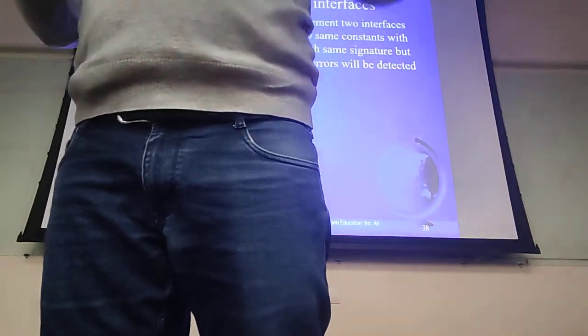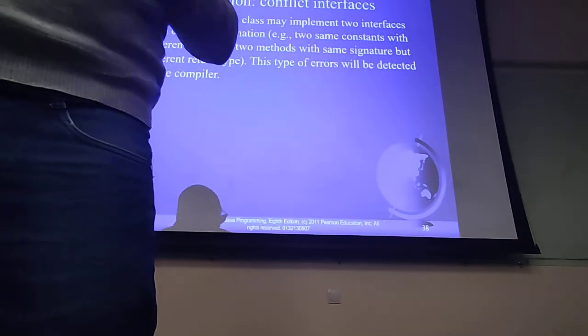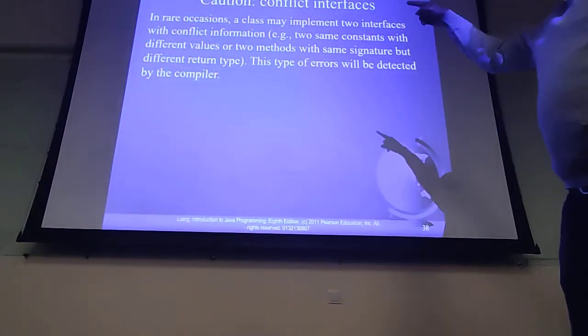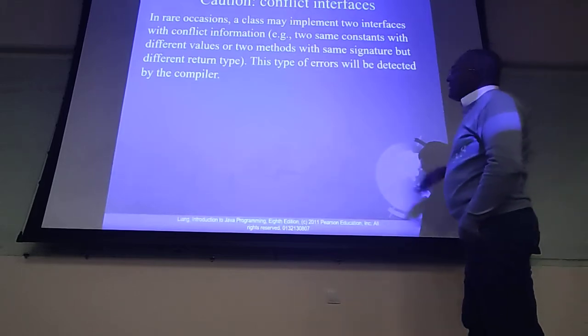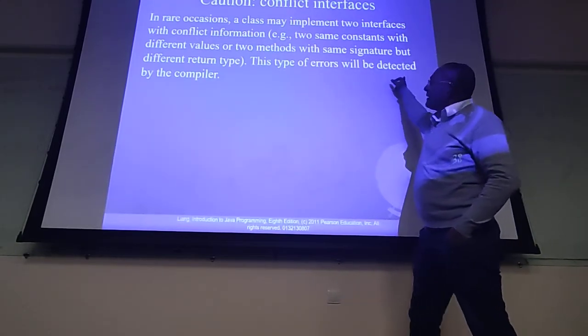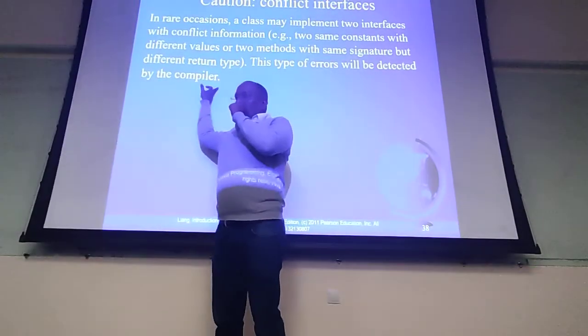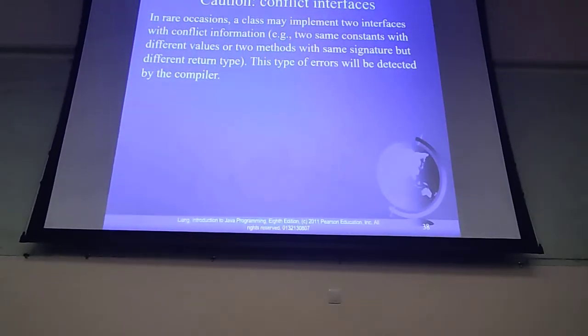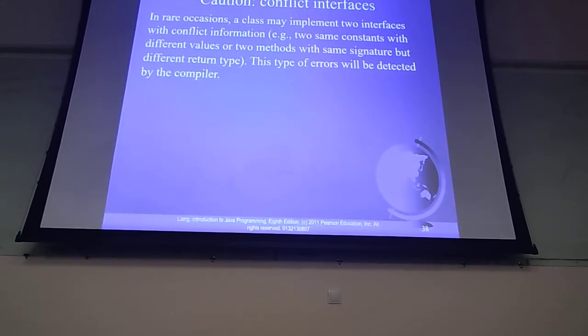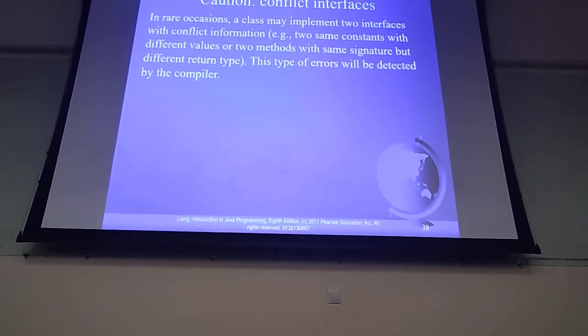For example, I have interface 1, there I have an integer a as a constant, and interface 2 also has an integer a, then confusion. So two same constants with different values, or two methods with the same signature but different return types. These types of errors will be detected by the compiler. Are you clear? Conflicting interfaces.